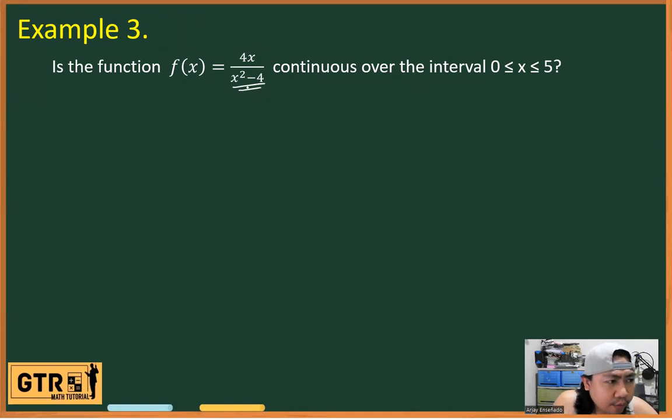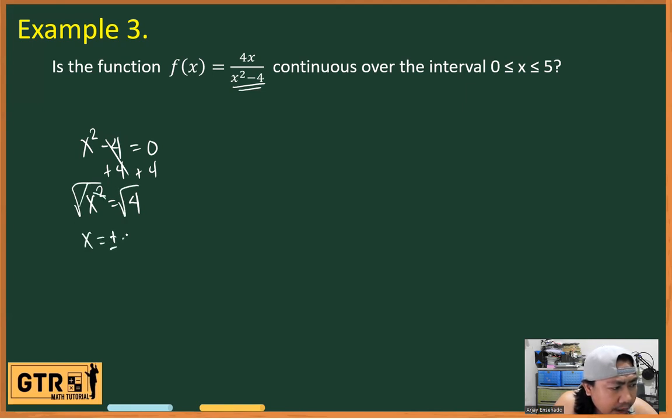So therefore, solve for the zero of the denominator. We have x squared minus 4 equals 0. Solve for x. Add 4 to both sides, so x squared is equal to positive 4, and then extract the square root of both sides. So we have x is equal to plus or minus 2.